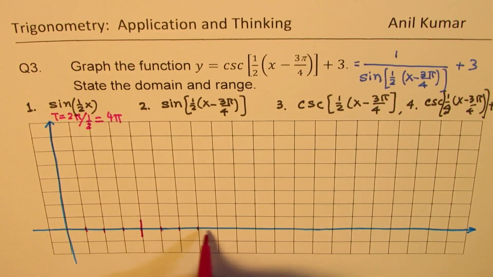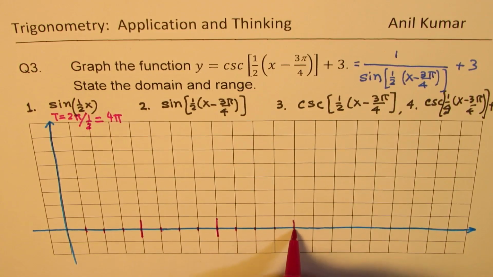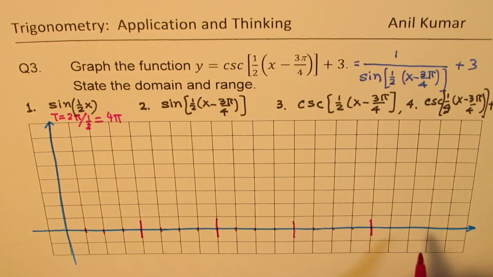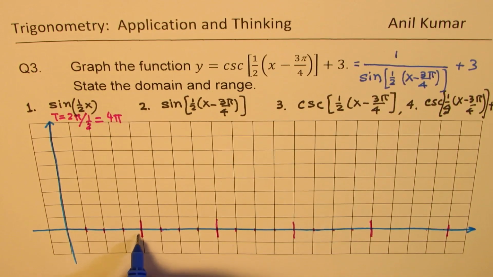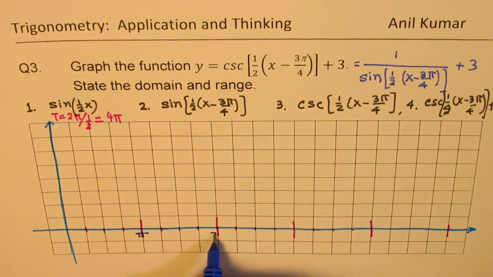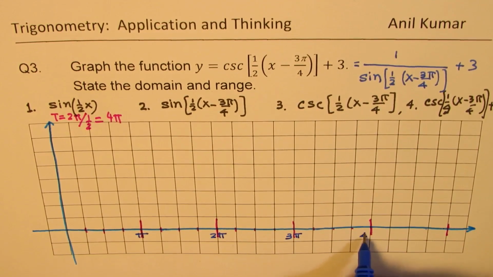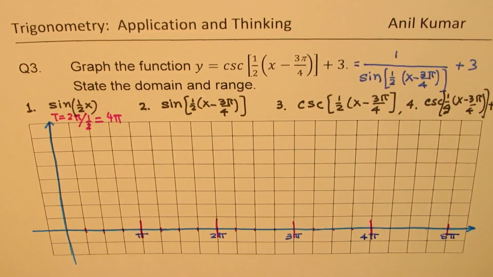So 1, 2, 3, 4, that is going to be 2 pi. 1, 2, 3, 4, 3 pi. 1, 2, 3, 4, 4 pi. 1, 2, 3, 4 will be 5 pi. So let me write here. This will be our pi, 2 pi, 3 pi, 4 pi, one time period, 5 pi.